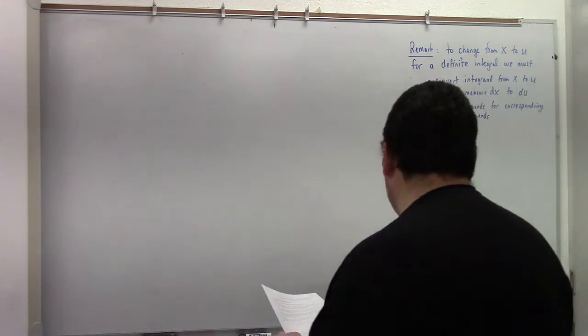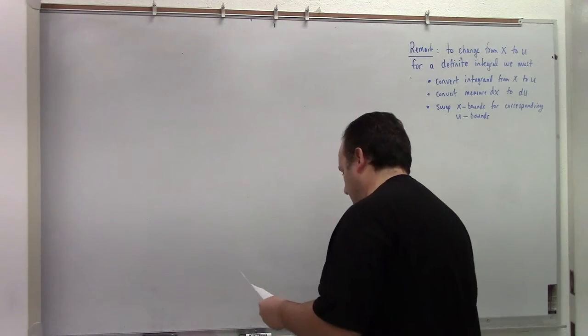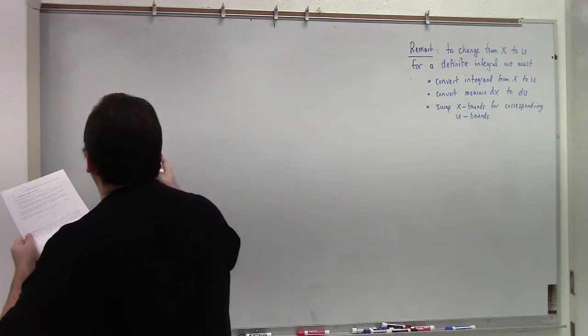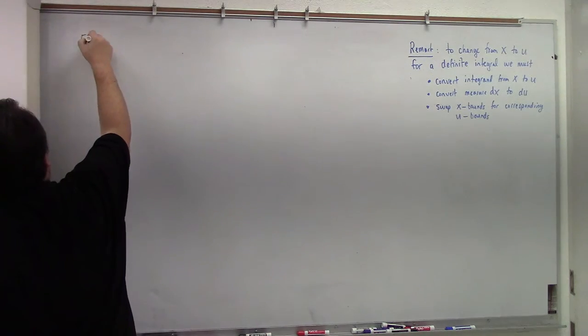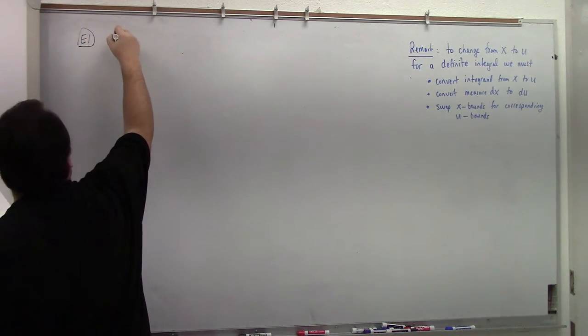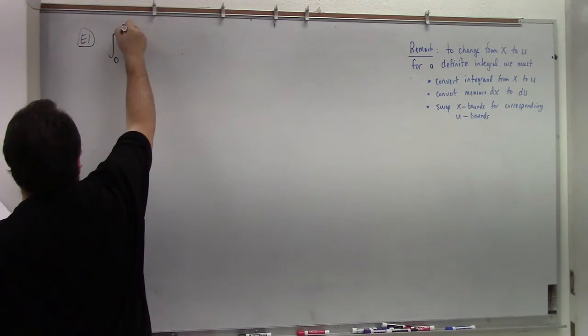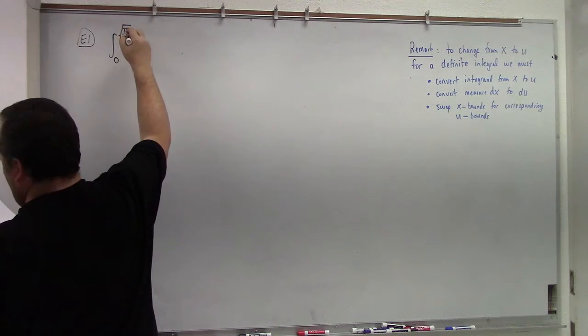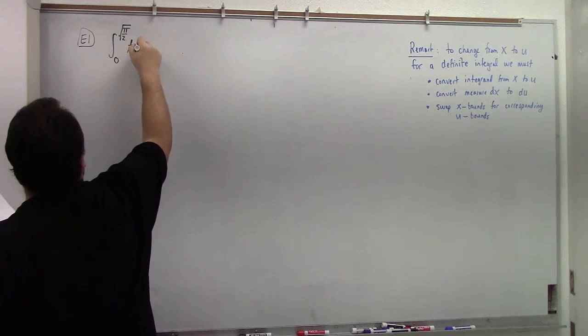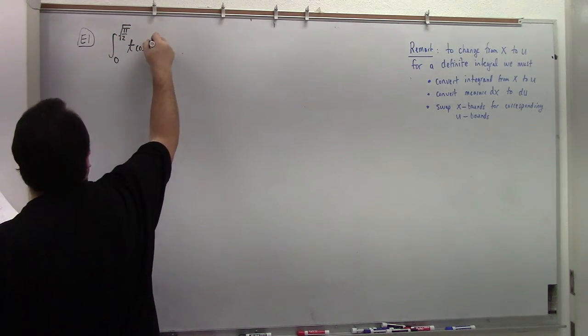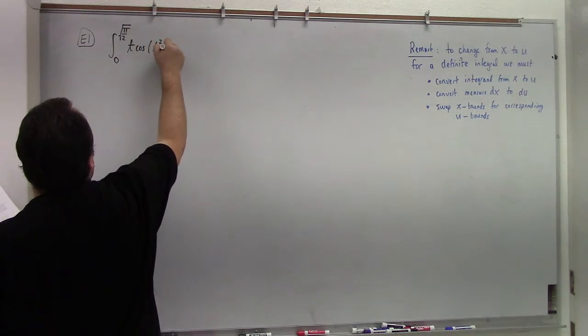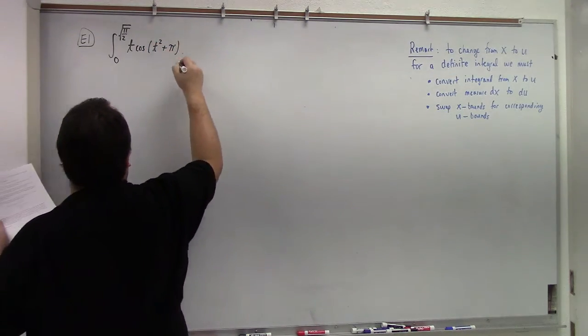So here's an example. Example 1: the integral from 0 to the square root of pi over 2 of t cosine of t squared plus pi, dt.